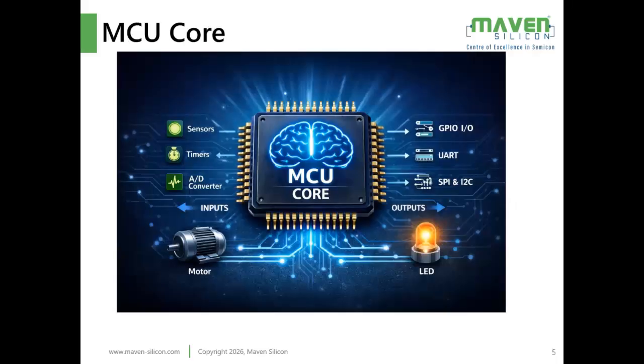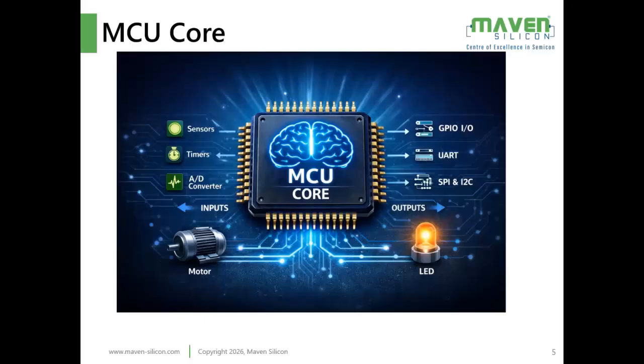So the first part to understand is the MCU core, which is the brain of it, right? The heart of any MCU is the core. It executes instructions and controls everything. The popular cores that we have currently are ARM Cortex based cores. Cortex-M is normally utilized for microcontroller based SoCs.